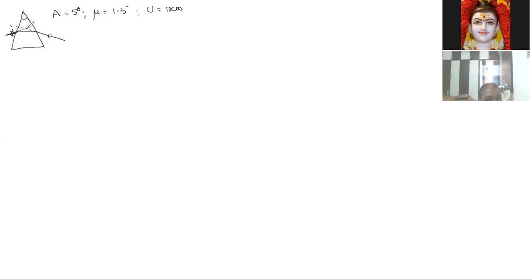If you extend this backwards from the position of the object, the emergent ray will appear to come to this position. Suppose that is the virtual image we are expecting, because we are extending the light ray backwards. Then he is asking what is the distance between these two.